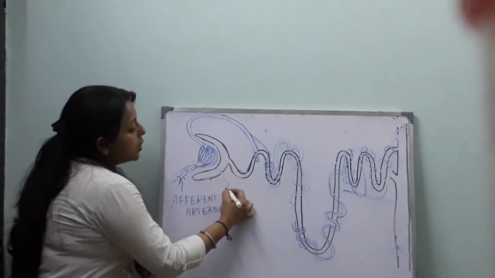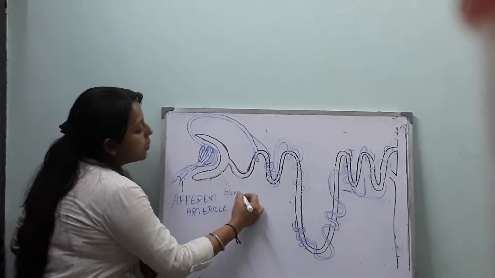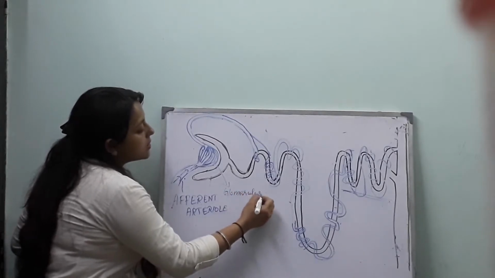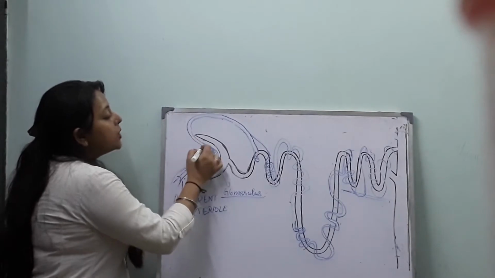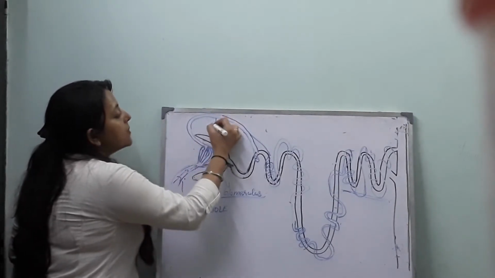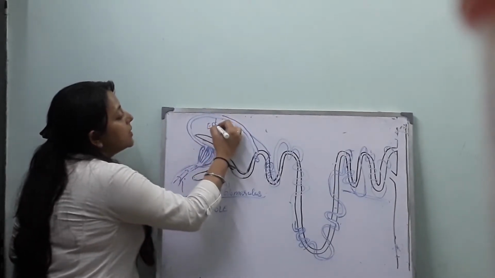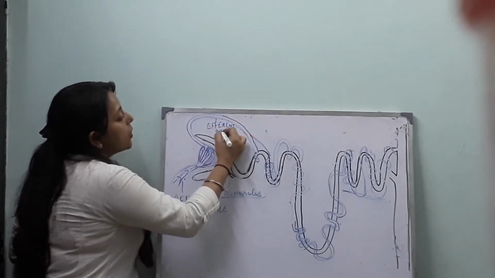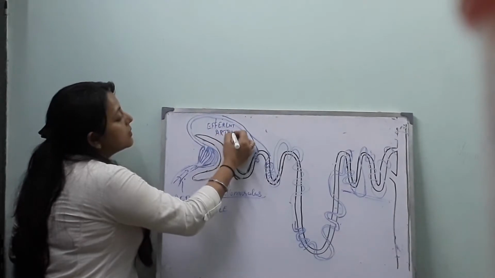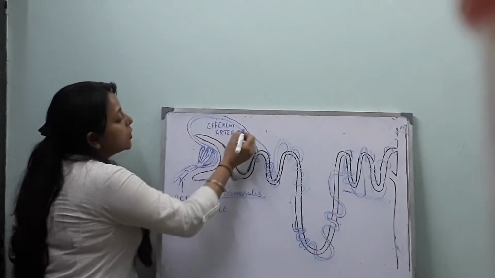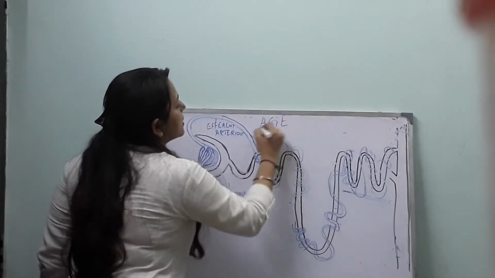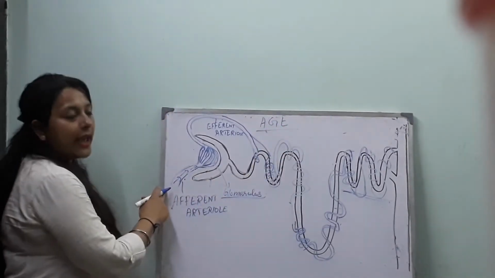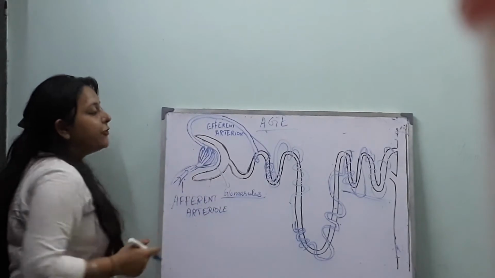This is called the glomerulus. Then the glomerulus joins together and forms the efferent arteriole. You can remember this by AGE: A, afferent; G, glomerulus; E, efferent.